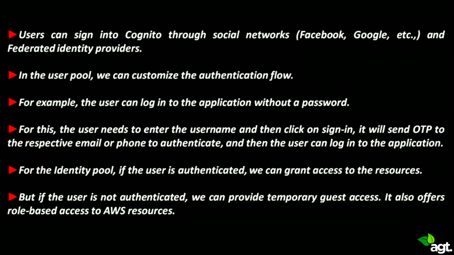So this is the major diagram. First the user signs in to the user pool, and once the authentication is successful, the user receives the user pool token, and with the help of the identity pool, the application exchanges the token for AWS credentials. Now the user can use these AWS credentials to access the AWS resources.